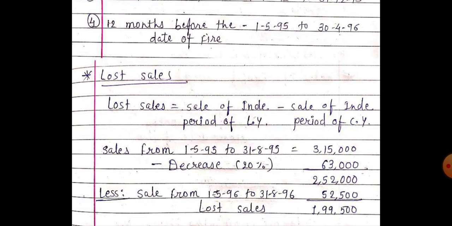So 3,15,000 multiplied by 20% is 63,000. We deduct it from 3,15,000, so our answer is 2,52,000, minus sales of indemnity period of current year, that is 1st May 96 to 31st August 96, that is 52,500. So we get lost sales of rupees 1,99,500.